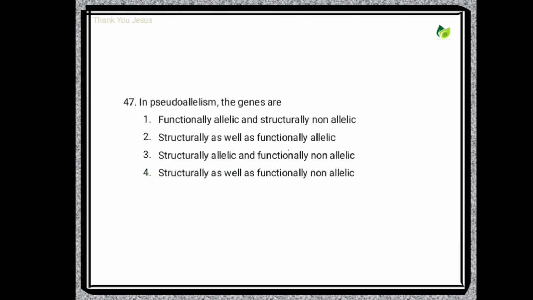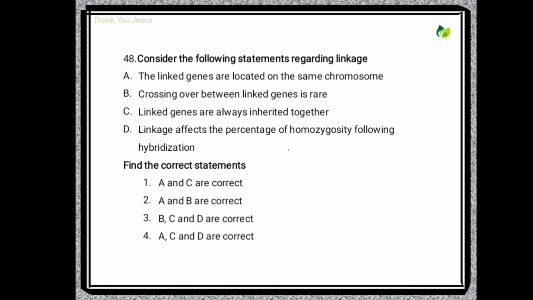In pseudoallelism, the genes are: functionally allelic and structurally non-allelic; structurally as well as functionally allelic; structurally allelic and functionally non-allelic; structurally as well as functionally non-allelic. The correct answer is functionally allelic and structurally non-allelic. That's why they are called pseudoalleles. Let's see the next question.